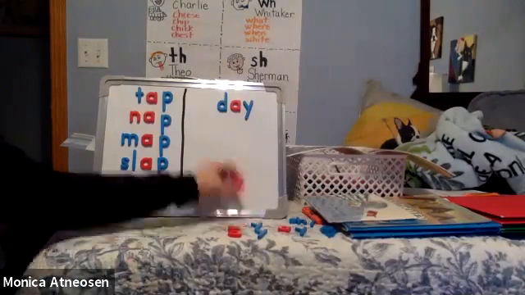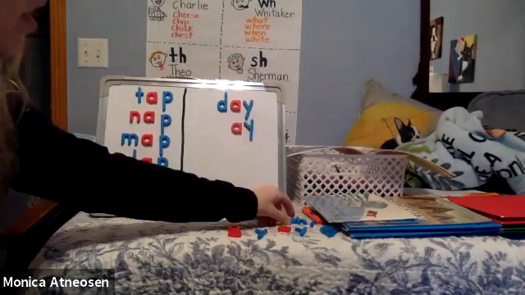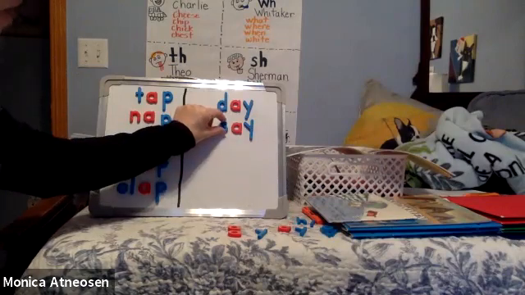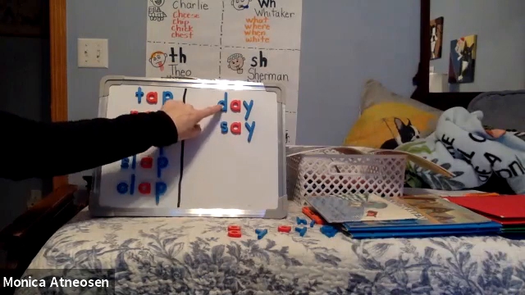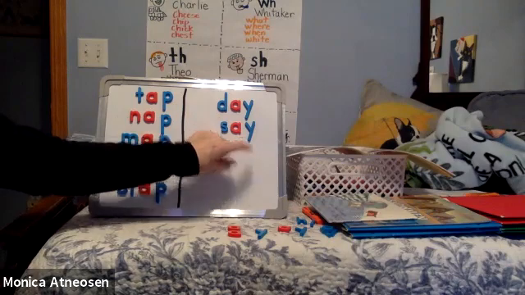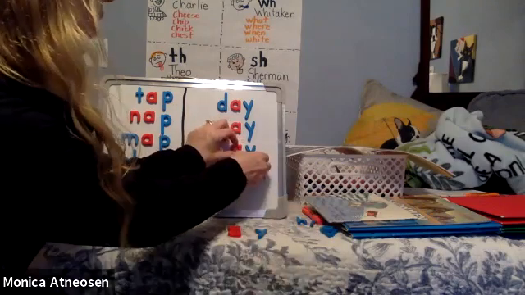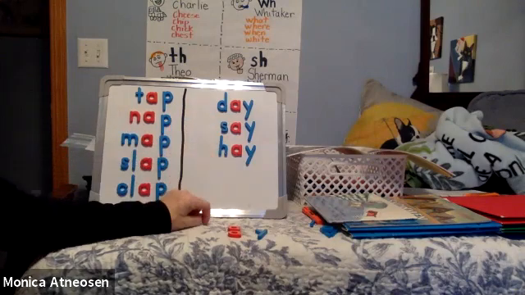Now I'm going to put that chunk ay here again. And then we're going to put an S in front. So if we have an S in the beginning instead of a D, it makes it say. Here comes the chunk again. And if I put H in front, it becomes, do you think you know?